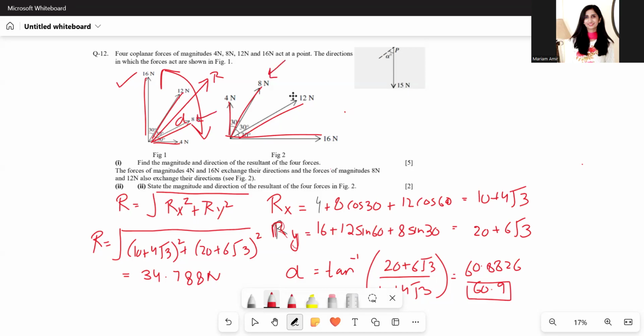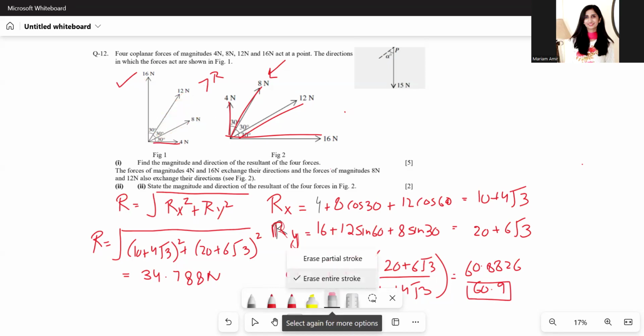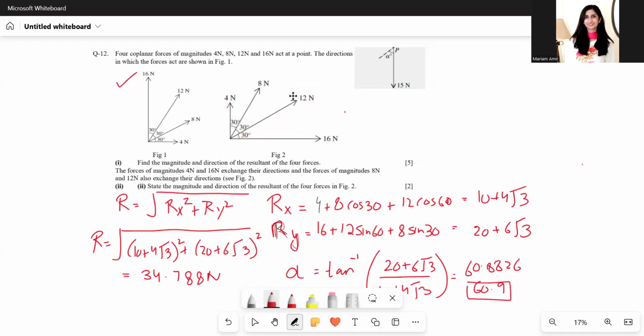So now the resultant should not change. The question is saying find the magnitude and direction of the resultant force. The resultant is not going to change because all these forces are the same. So the value of the resultant is going to stay the same. We said the resultant was somewhere over here. We had assumed it.